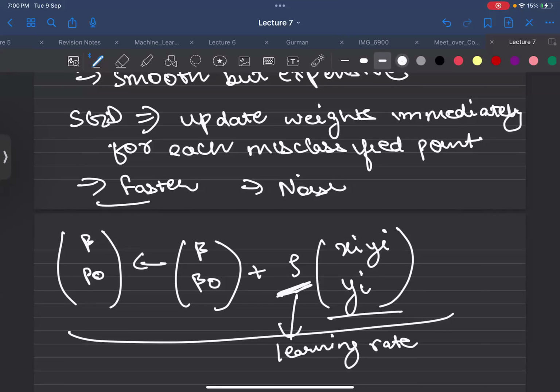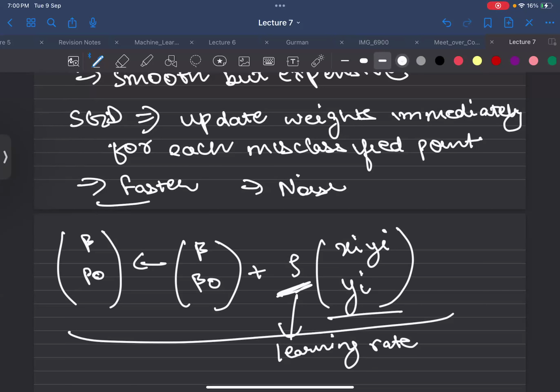Basically we are updating the step. Exactly. So what are we doing? Updating the values of beta and beta naught. Yes, exactly. That is how we are doing so. Gaurav has told us that this is the learning rate.